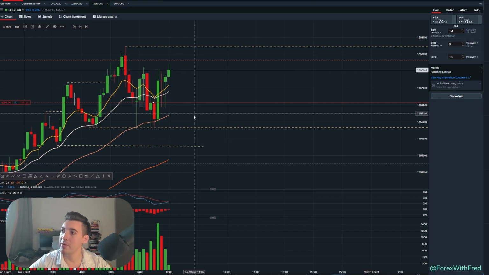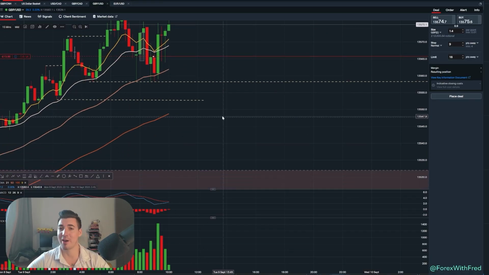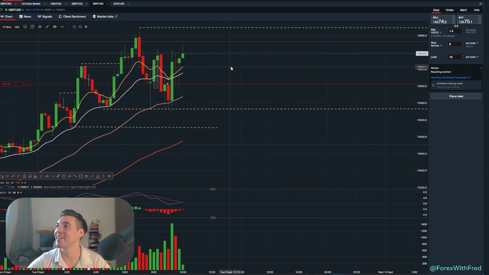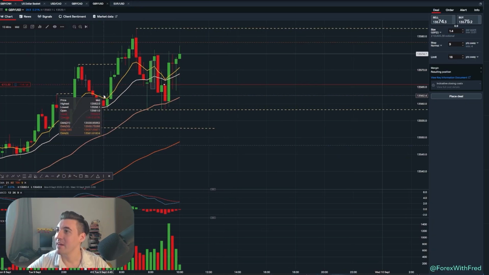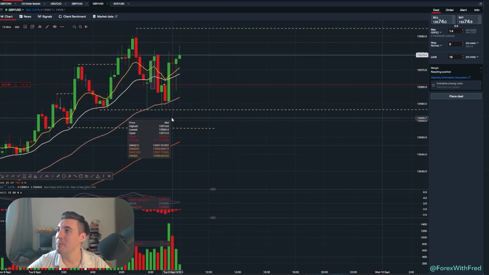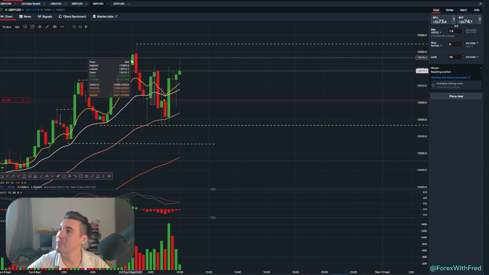But if it reverses and hits my TP, I'll be honest with you guys, that's just pure luck. There is nothing in here that is indicating that it's going to go down. And if it does go down, great. I mean, I just got lucky. That's all. Very clear that this is a very clear demand zone here.